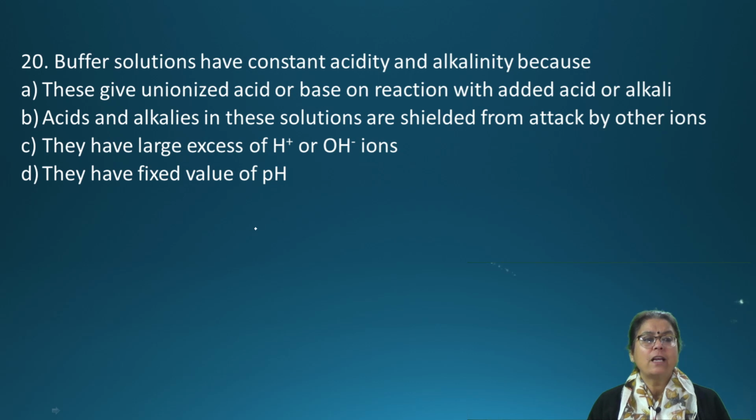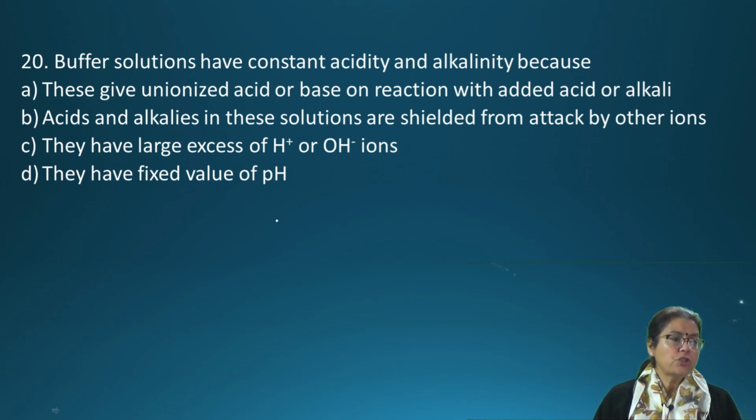They have fixed value of pH. तो buffer solution जो है, अगर आप बात करो, these give unionized acid or base on reaction with added acid or alkali. ठीक है? So यहाँ पे उन्होंने पूछा है कि constant acidity और alkalinity क्यों होती है. So correct option यहाँ पे आ जाएगा A.